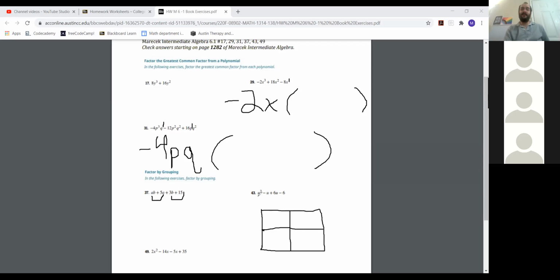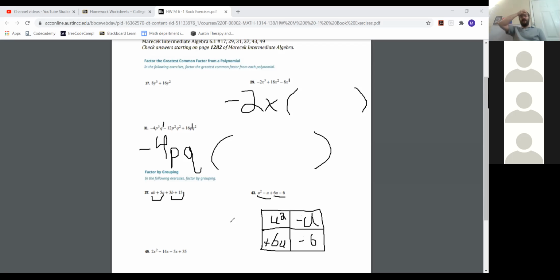Doing the box is the same thing as doing factor by grouping. But we put it in the box in descending order. So this is my u squared, minus u, and I have a plus 6u, and minus 6.